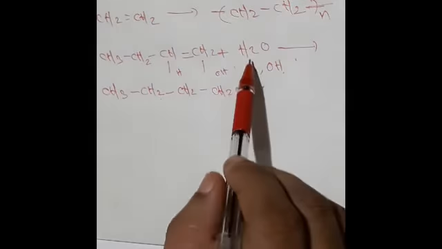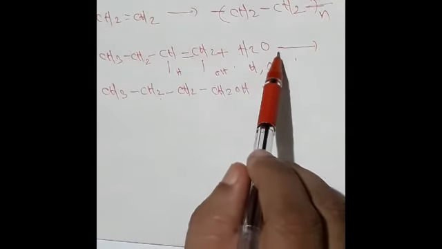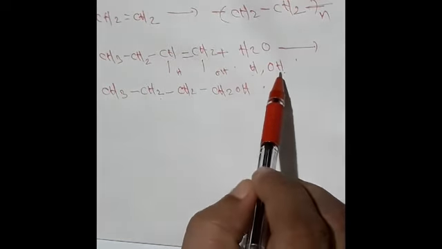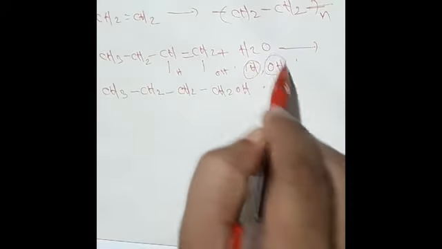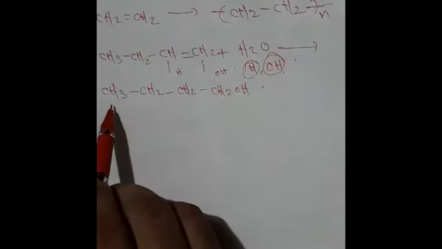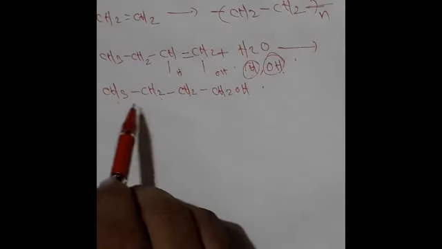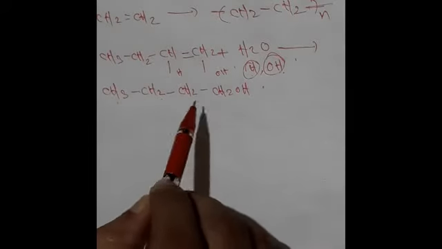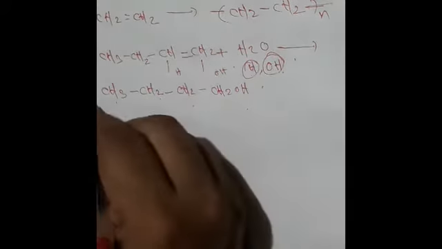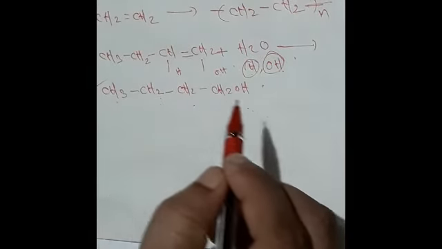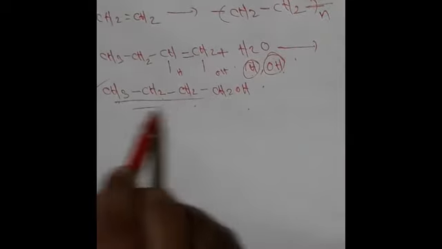This is the answer. Understand, H2O means there is hydrogen and OH. Hydrogen will go to one carbon, OH will go to another carbon. So our answer will be CH3 CH2 CH2 CH2OH. So butene reacted with steam, butanol will be the product. Name of the product is butanol, and this is the structure.